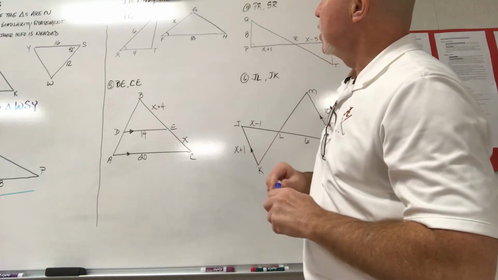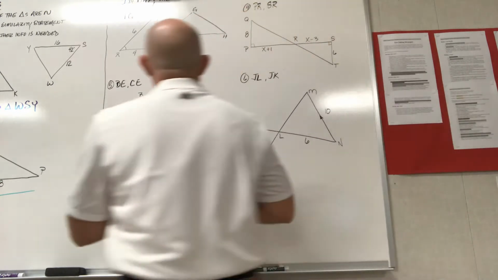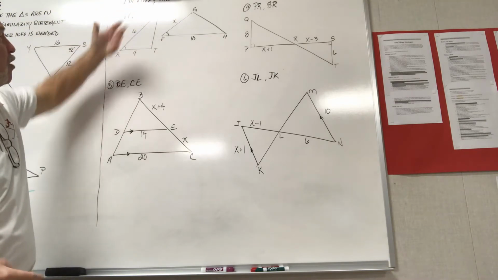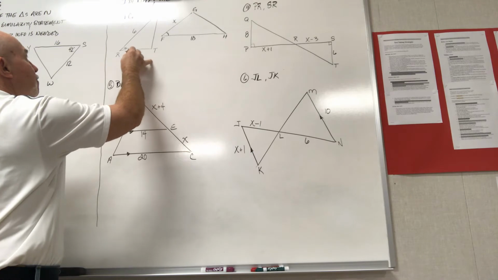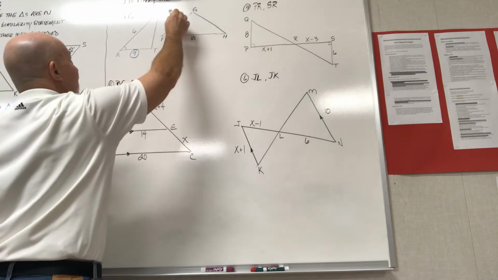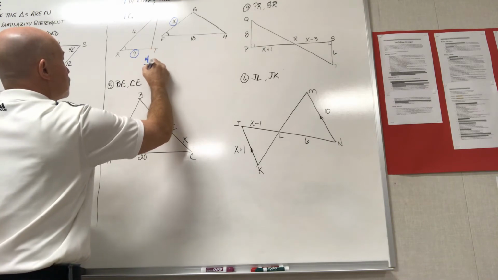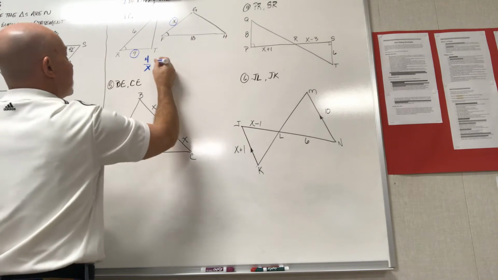Okay? Now, on this particular one, this has to rotate over. So the 4 and the X go together. And the 6 and the 10 go together.